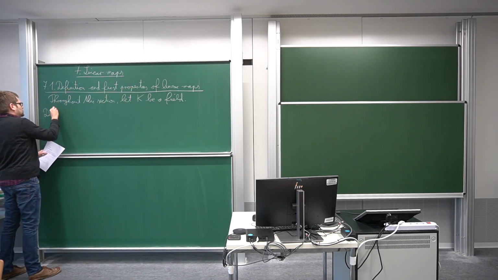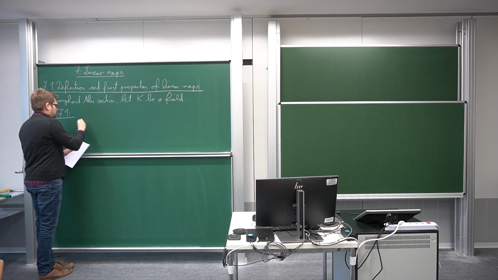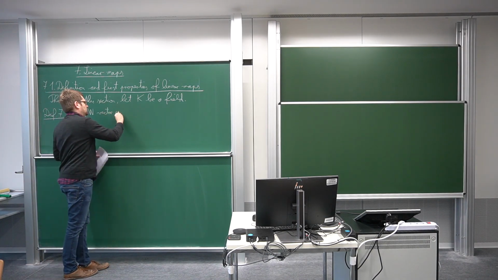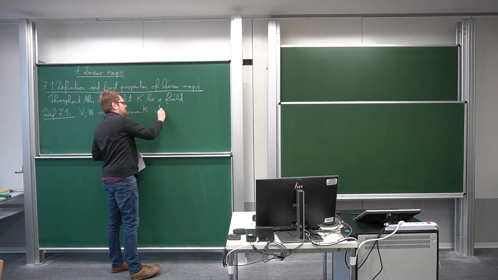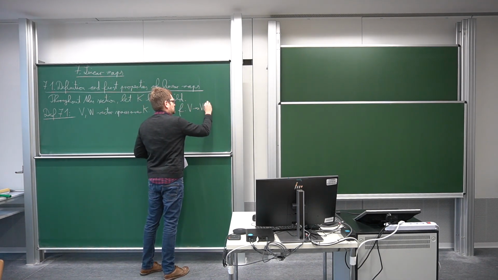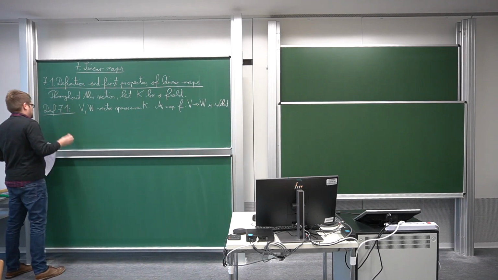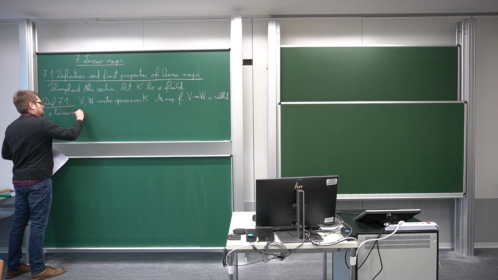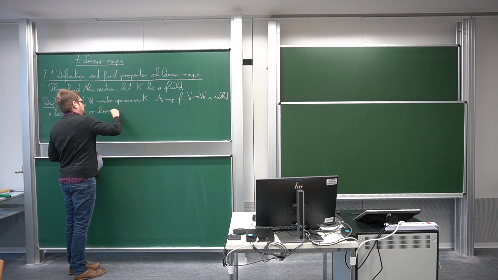Okay, definition of a linear map, definition 7.1. Let V and W be vector spaces over K. So over the same field K. A map F from V to W is called a linear map, or some other word that's often used, homomorphism.